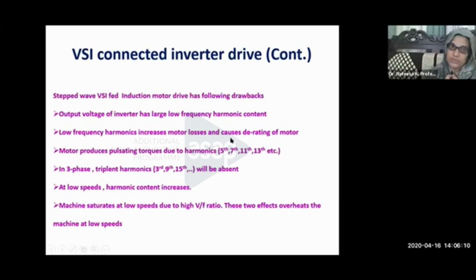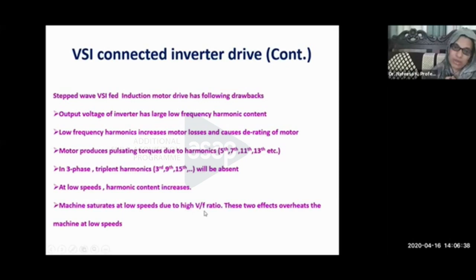This increases motor losses and reduces the efficiency, and causes derating of the motor. The motor produces pulsating torque due to these harmonics, and at low speeds the harmonic content increases. The machine saturates at low speeds due to a high V by F ratio.